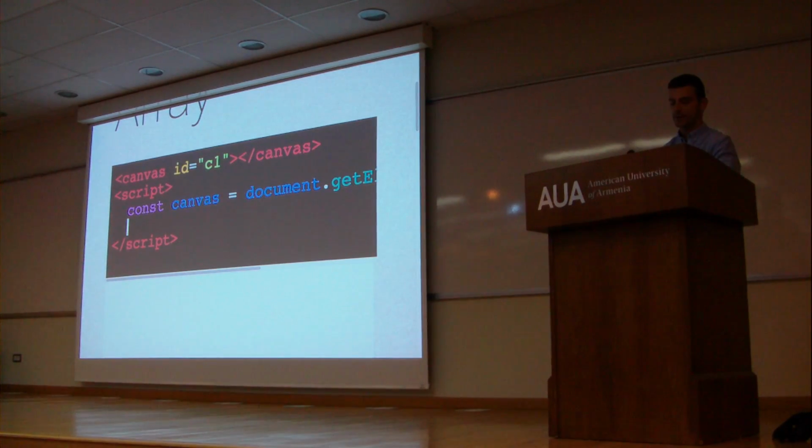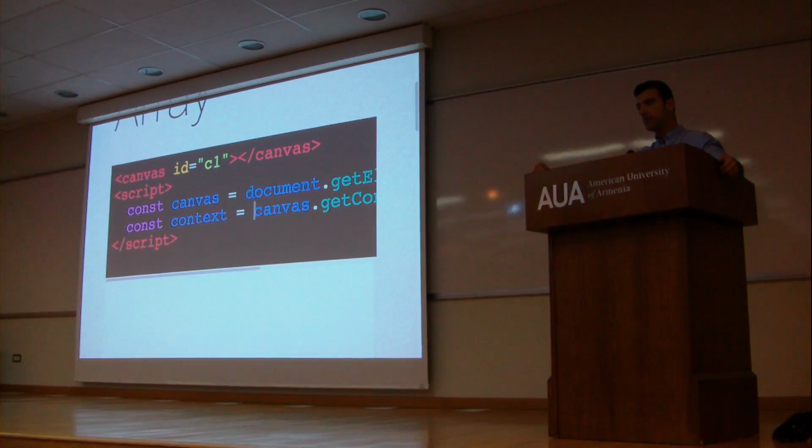I need a context. canvas.getContext('2d'). This will return to me the object that has all of these things attached. It has all the functions that I need to do two-dimensional rendering on the canvas. Okay so far? Let's keep going.